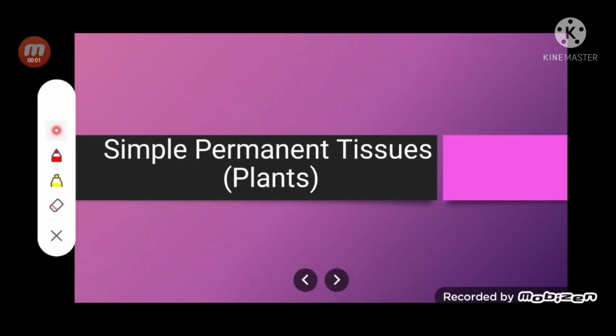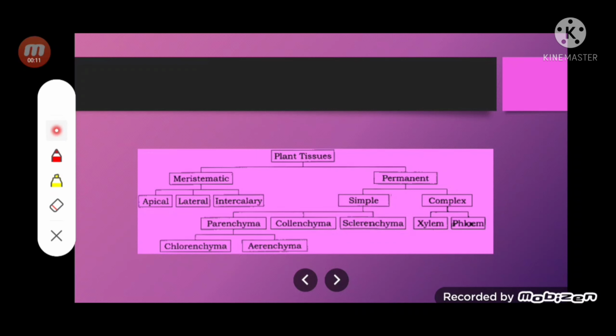So in today's class we are gonna learn about simple permanent tissues of plants, which includes parenchyma, collenchyma and sclerenchyma. Before proceeding to that, let us have a look at this flow chart once again. Here, plant tissues consist of meristematic and permanent tissues.